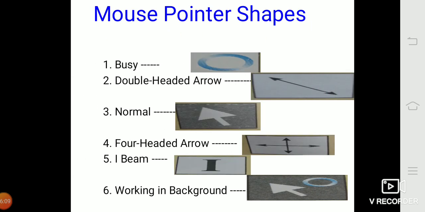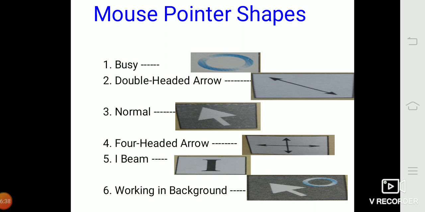Now there are some mouse pointer shapes. See, first one, busy. It means that the computer is busy and wants you to wait. Next is double-headed arrow for resizing the window or pictures. Next, normal for pointing, selecting and dragging the items on the screen.